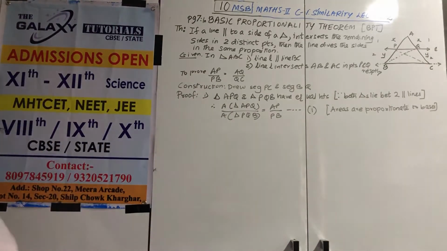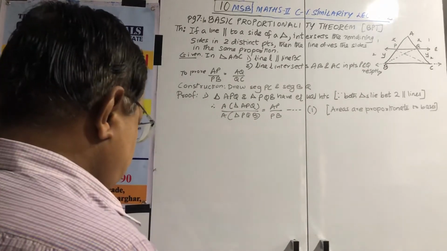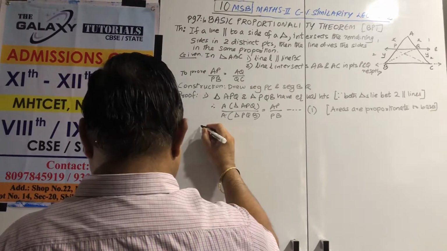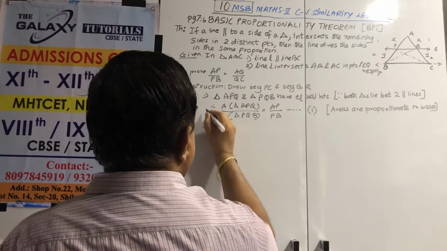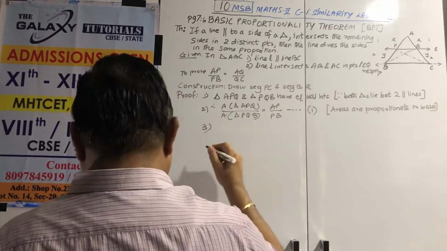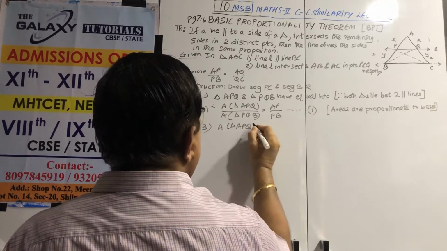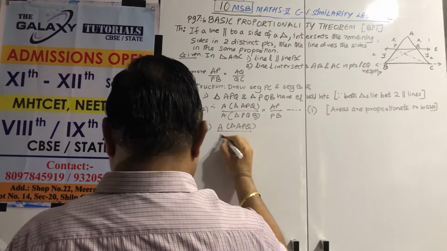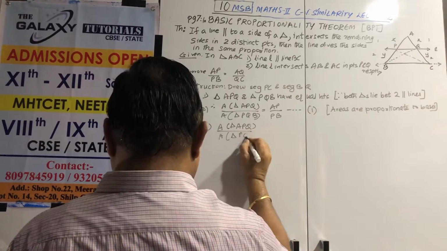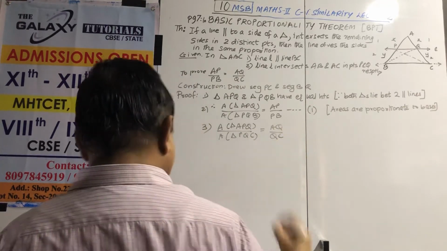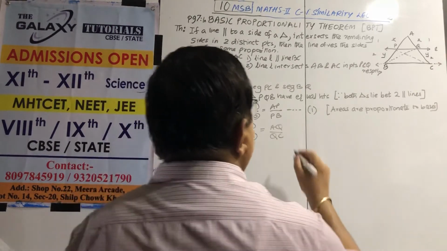And also, area of triangle APQ upon area of triangle PQC is AQ upon QC. This is 2.